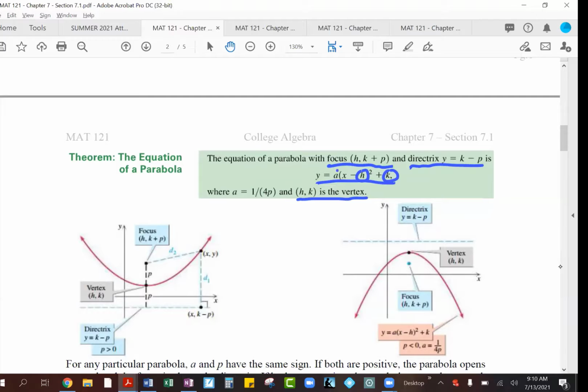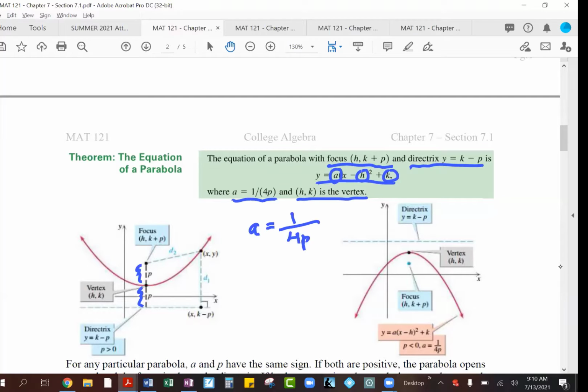We define this value of a as a equals 1 divided by 4p. And this value of p is the distance between the vertex and the focus, or the vertex and the directrix.